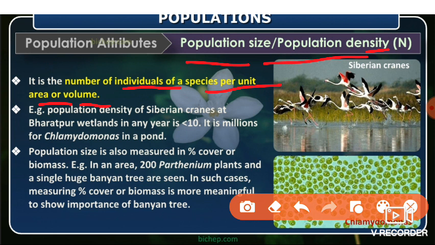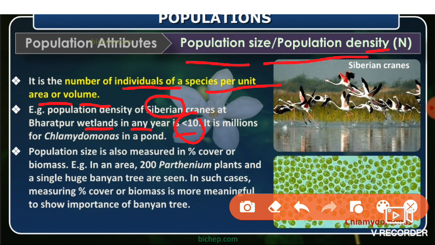And here the example they have given is the population density of Siberian cranes. Siberian cranes at Bharatpur wetlands in any year is less than 10.